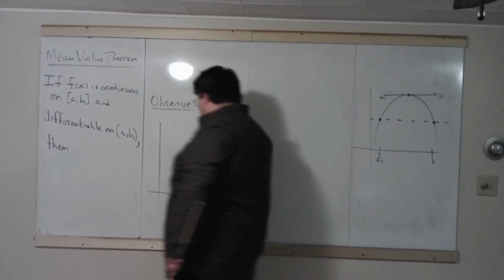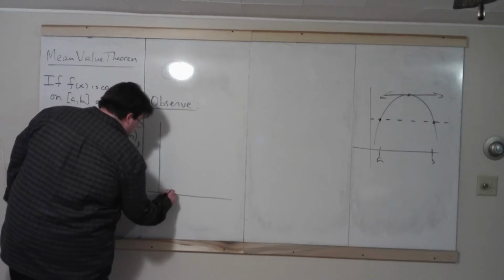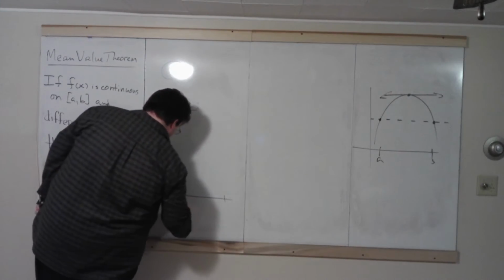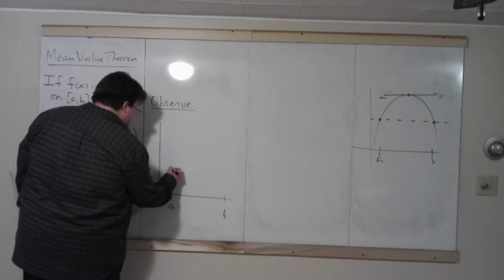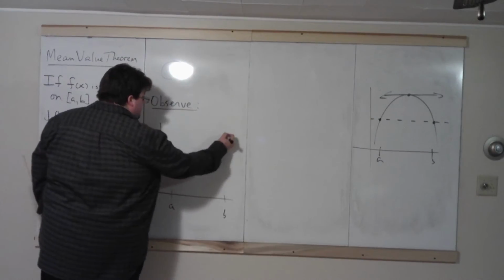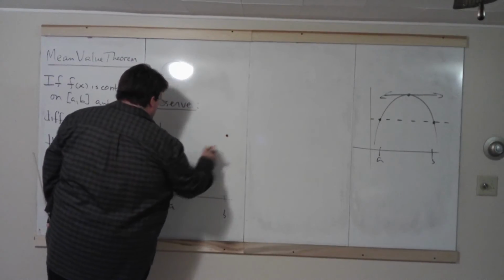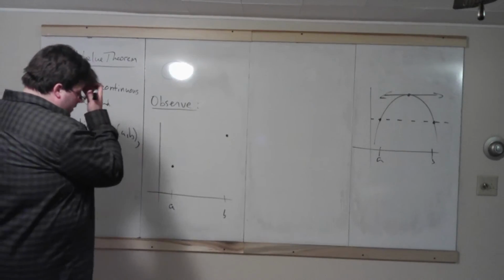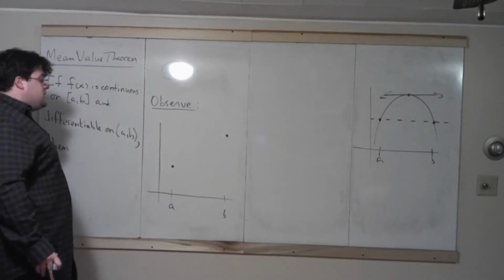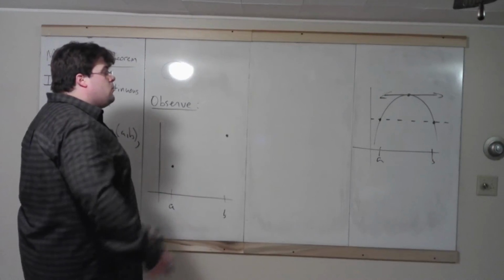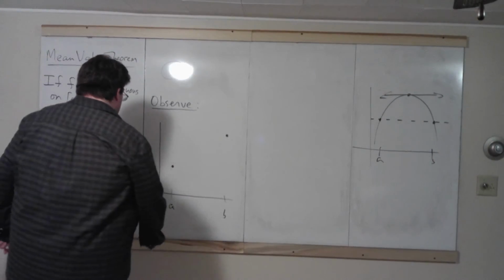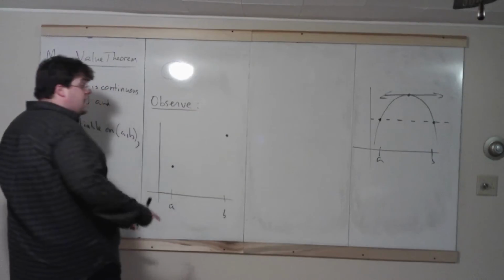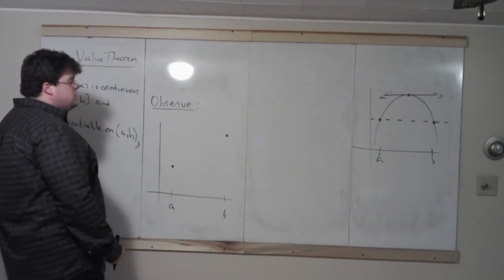Well, let's draw that. So we have those 2 points A and B. Let's still call them A and B. But let's say they're at different y values. This is going to be another where I draw this and then I erase it and draw it like I did the other one. So we have them at different y values. Let's draw a curve with no corners or cusps. And let's connect those 2 points. Well, you could use a line.